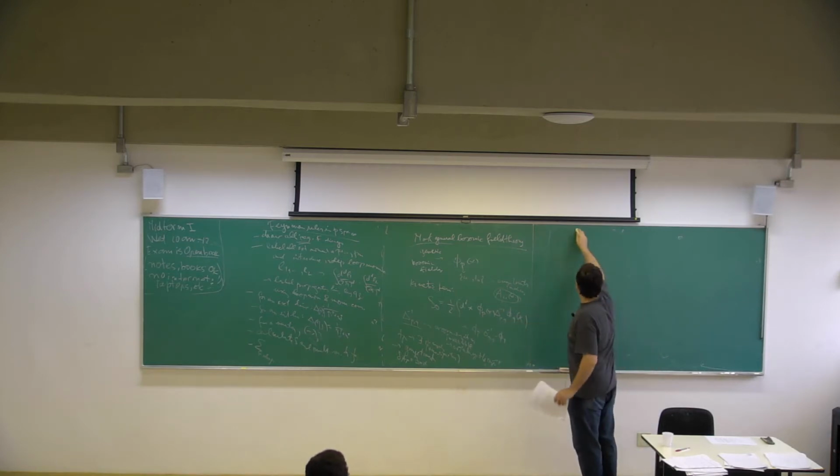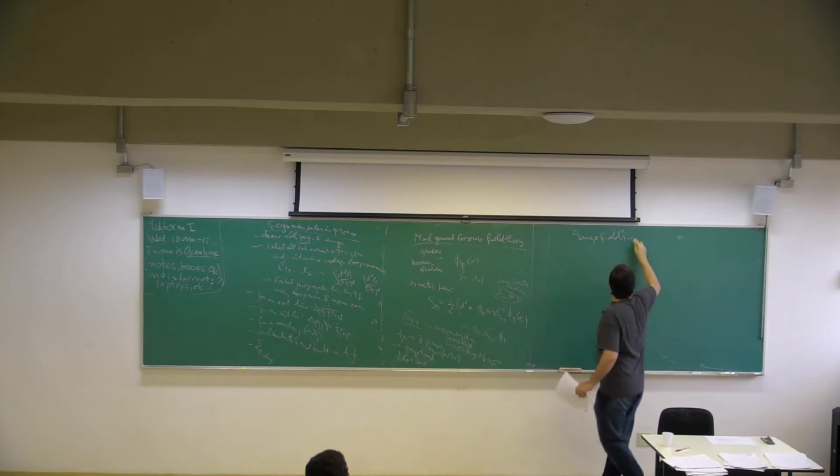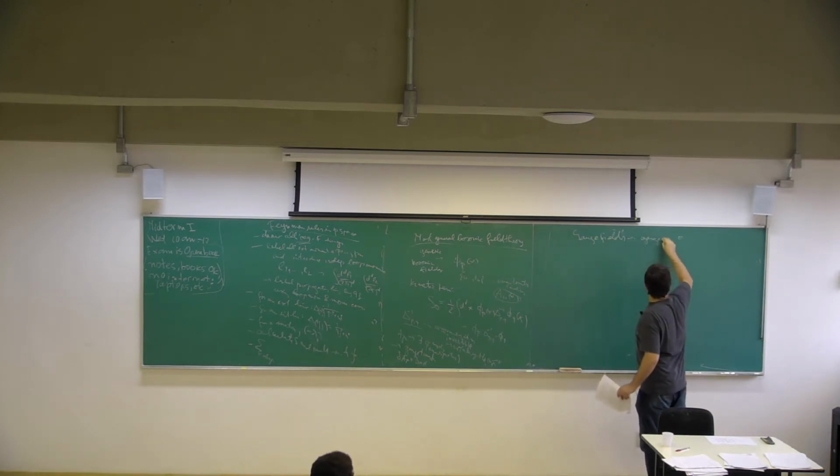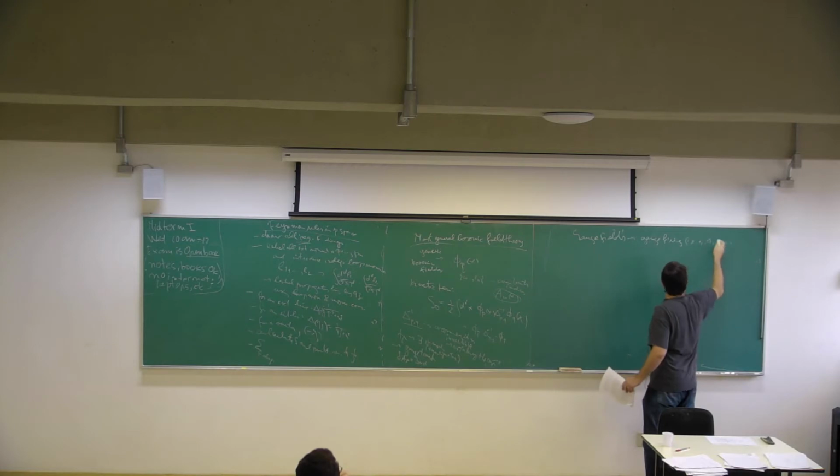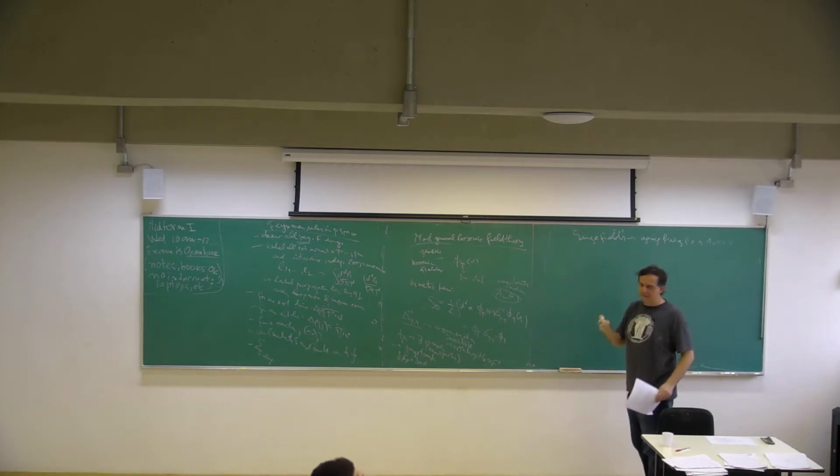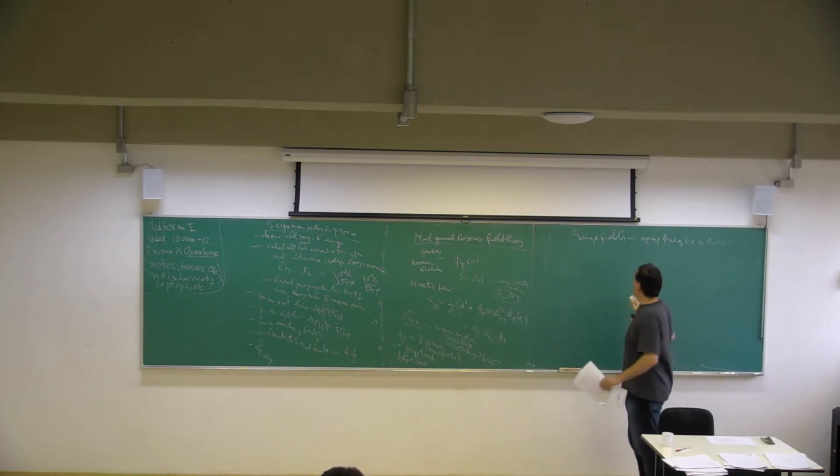So just to say, for gauge fields, one will consider gauge fixing, like A0 equal to 0. I just put this because it sounds simple. Things are not so simple.